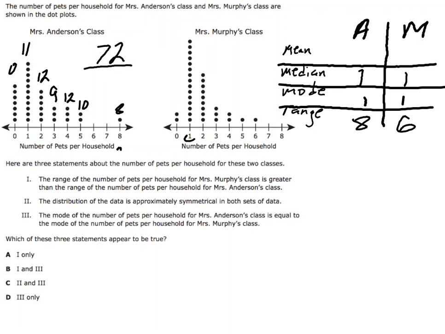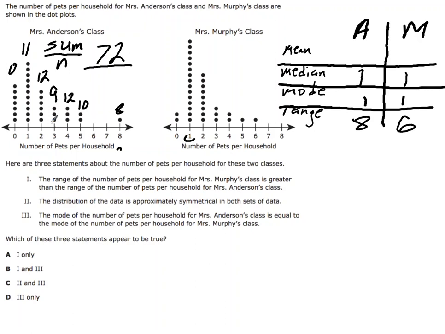Because the way I get the mean is the sum divided by the number that I added. I'm going to clean that up just a little bit. Well, how many did I add? There are 7 zeros. We have 11 ones. So that's 18. And then we have 6.